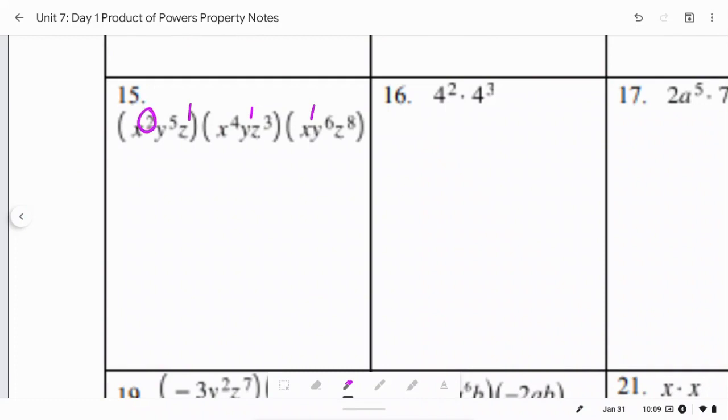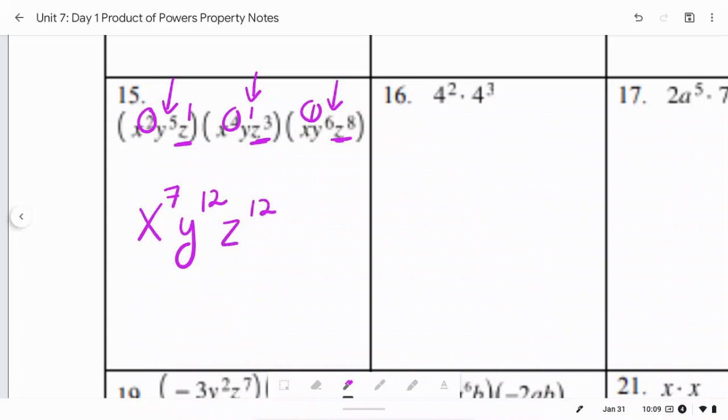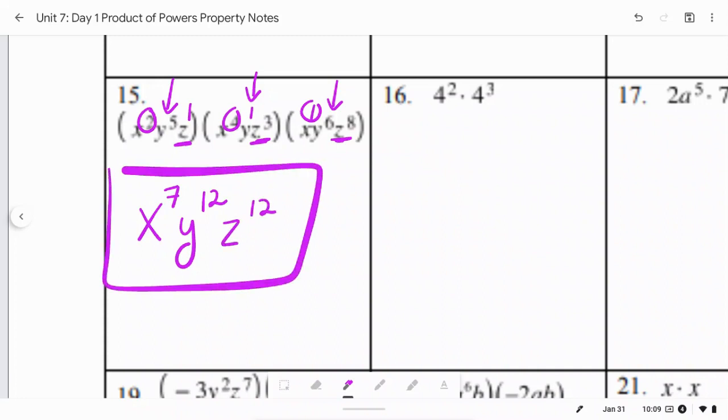We're going to do 2 plus 4 plus 1 to get x to the 7th. Then we're going to add the y's. So 5 plus 1 plus 6 gives us y to the 12th. And then the z's, 1 plus 3 plus 8 is z to the 12th power. And that's your final answer for 15.